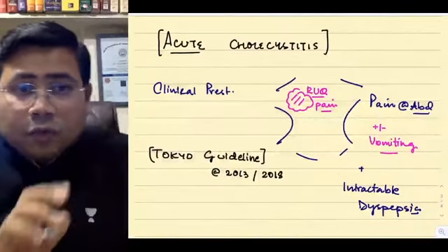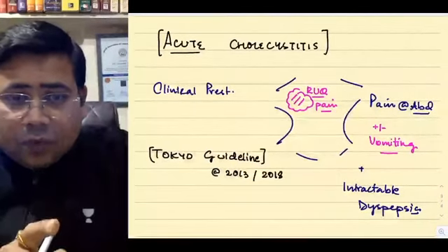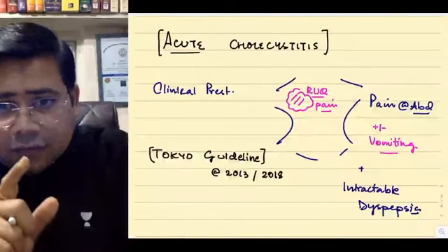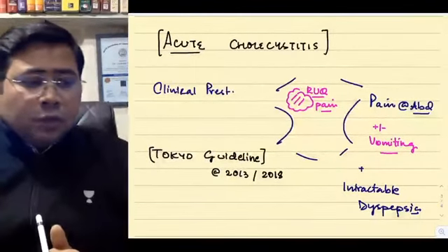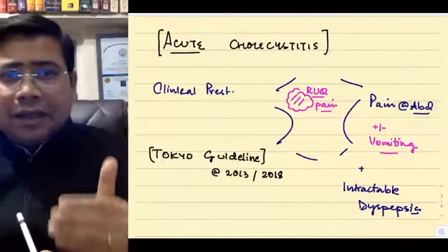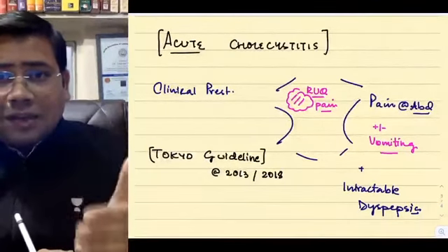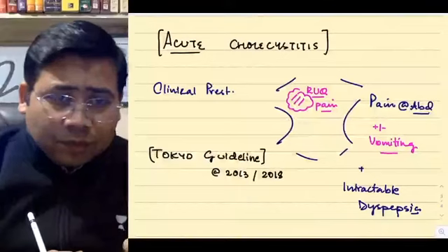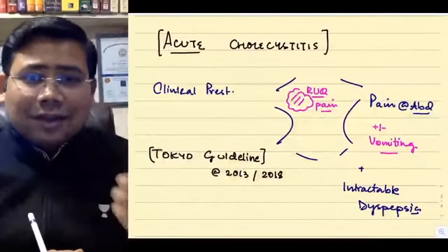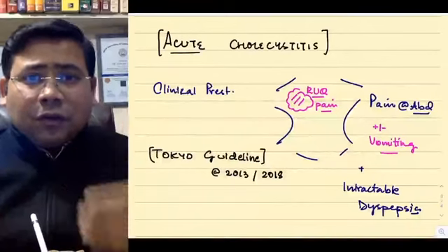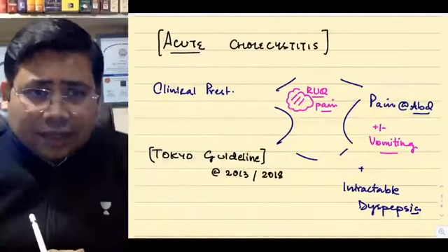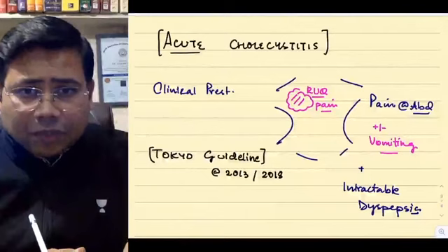Two conferences were held, one in 2013 and one in 2018. The aim of these conferences was to let people understand the concept of acute cholecystitis and cholangitis, because majority of the consultants don't know that a delay in the management of acute cholecystitis and cholangitis can even cost the life of the patient.